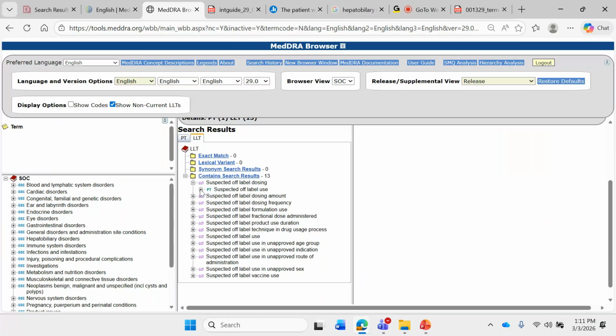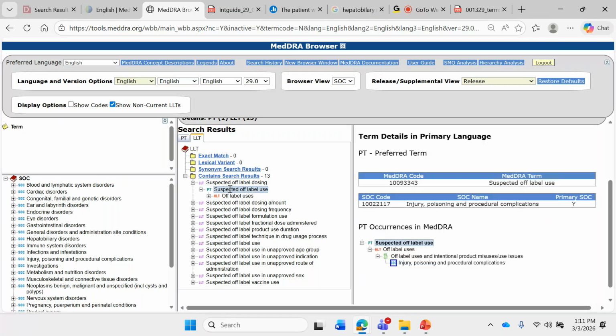This is to address scenarios where the report doesn't say specifically off-label, but the whole scenario describes it, and you most probably think it was used off-label. Then you use the term suspected off-label use when it's not explicitly stated in the report as off-label. So now we have that for you in 29.0, suspected off-label use. It's a good question.